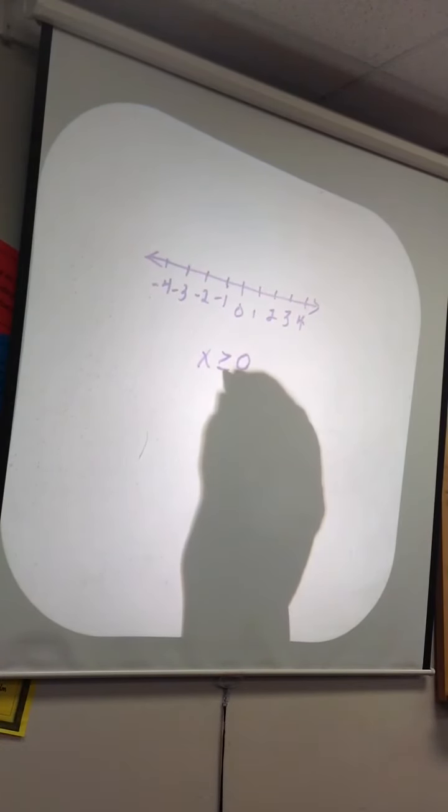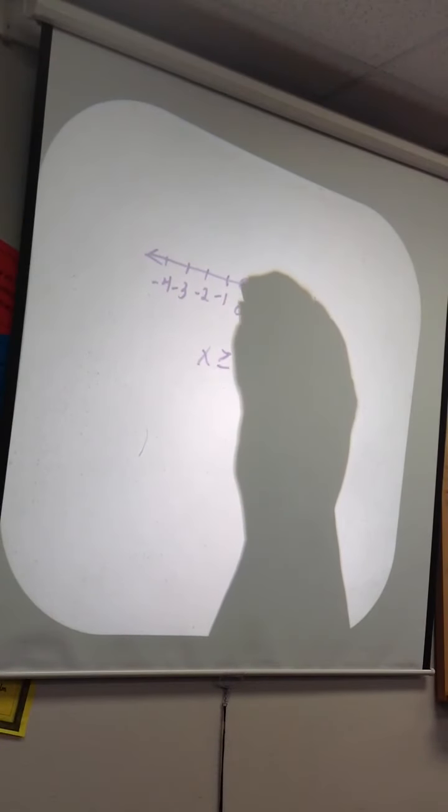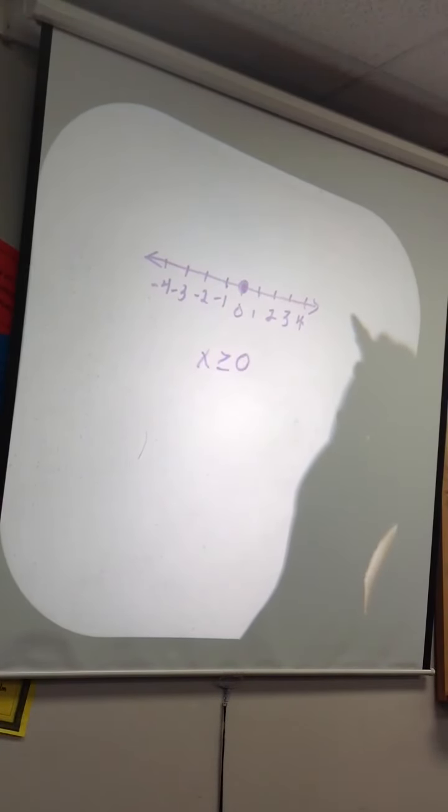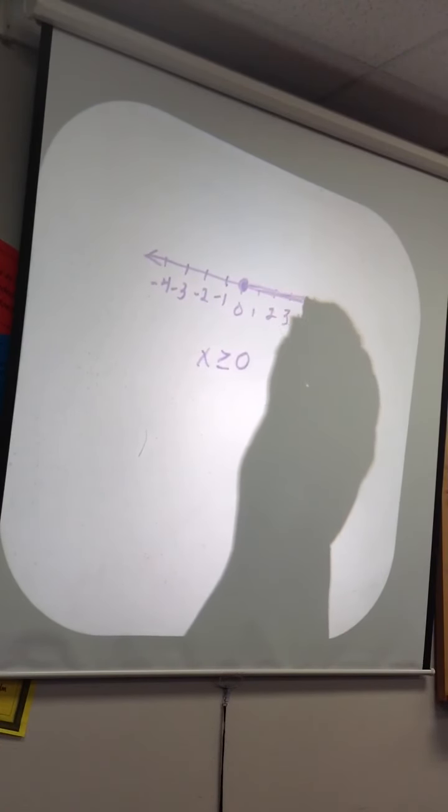That line underneath the symbol says equal to. So you've got two possibilities. You can have 0 and everything bigger. So at 0 we fill in the circle. It makes a dot. Not just that open circle, but it's filled in. We go that way because that's the way the line goes, and there we are.